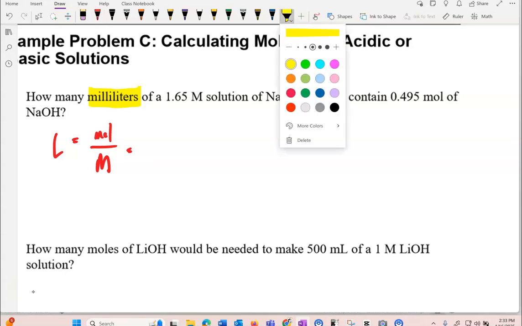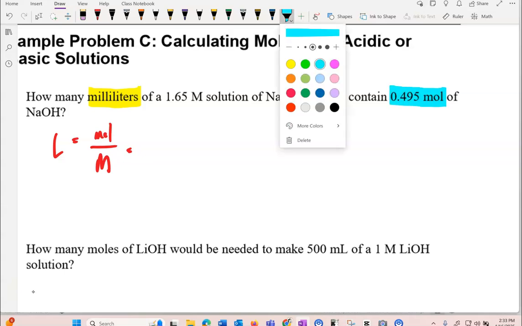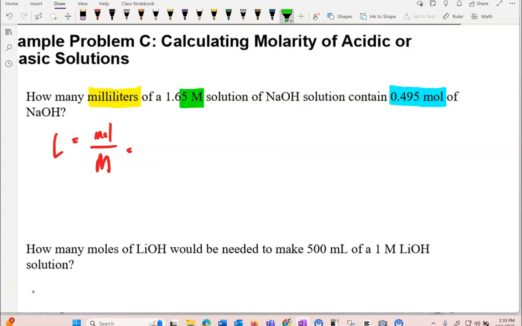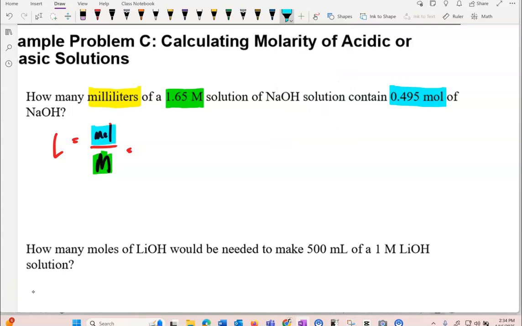It tells us that we have 0.495 moles, and our molarity is 1.65. So I'm going to plug the molarity in here, and moles in here. So we've got 0.495 moles, and our molarity is 1.65 molar.